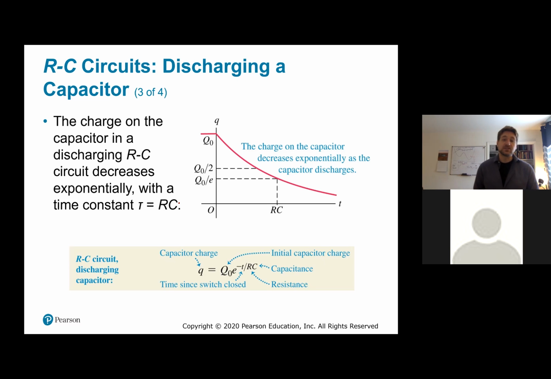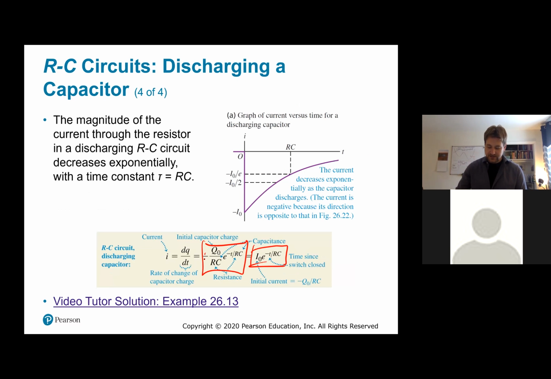Now, if we think specifically about the charge on the capacitor, dq is a negative quantity because we're decreasing the charge on the capacitor. We could use that minus sign and then talk about the unsigned value, the magnitude of the charge dq, to straighten out this minus sign.